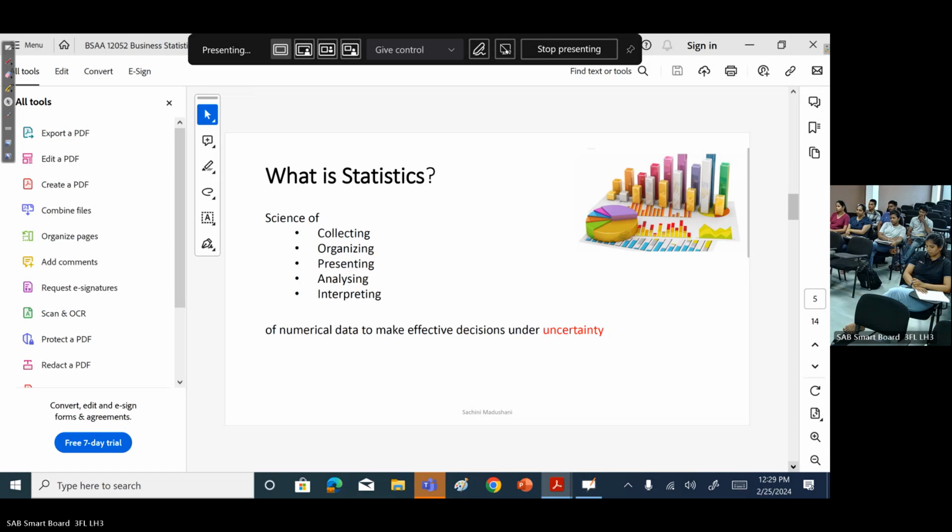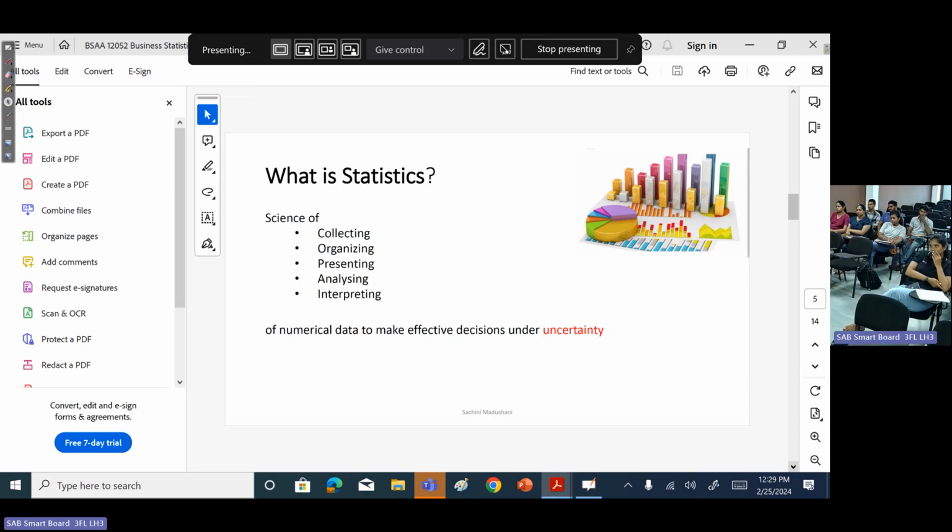Understood? Clear? Finally, we make effective decisions under uncertainty. In the statistics process, we cannot make decisions with 100% certainty.